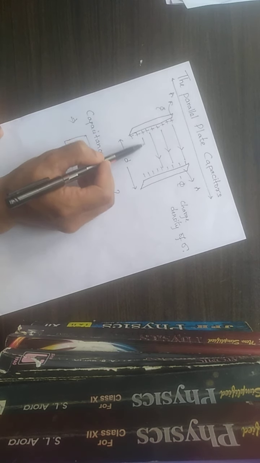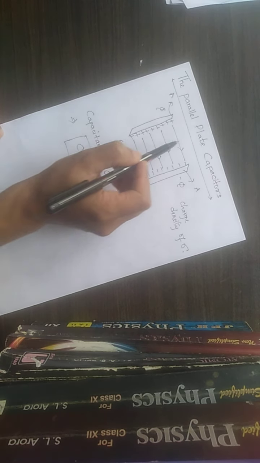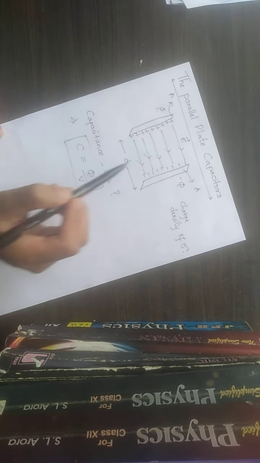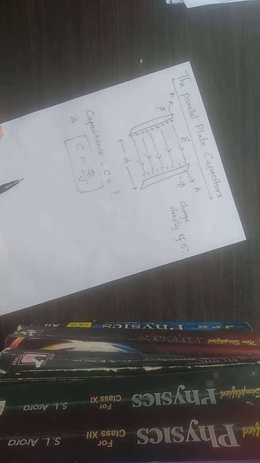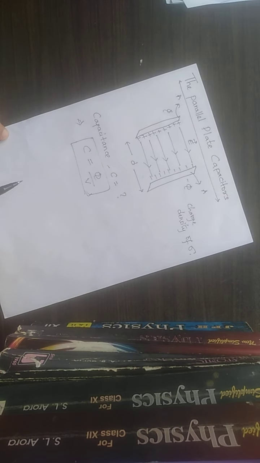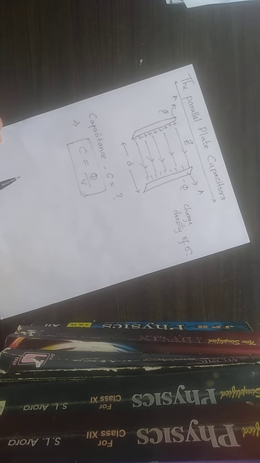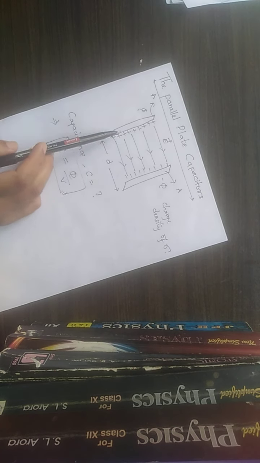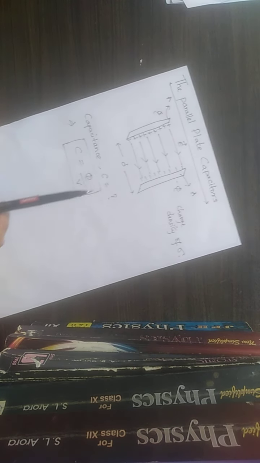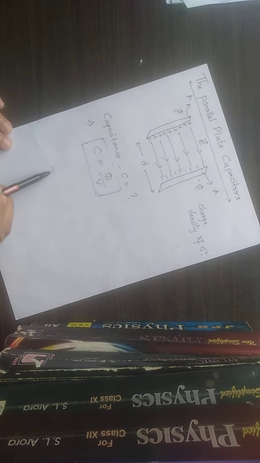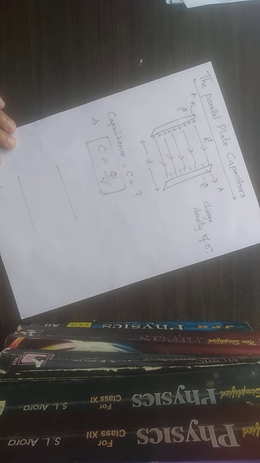To find V, let us consider electric field lines E directed from the positive plate to the negative plate. So we are going to find the value of the electric field between the plates. Let this be the positively charged plate, and this be the negatively charged plate.